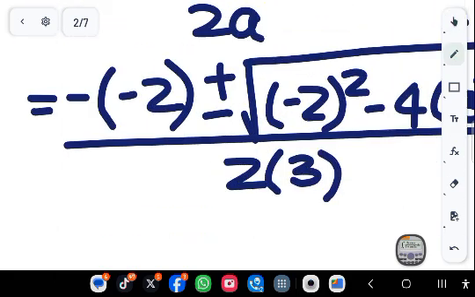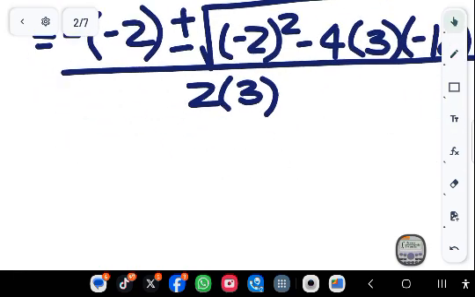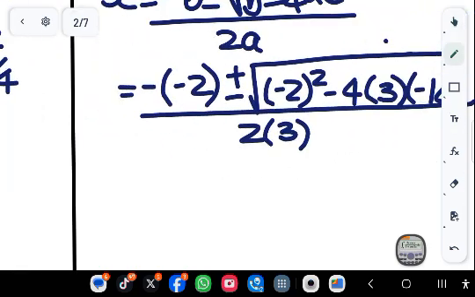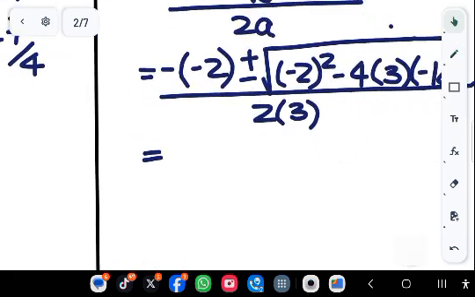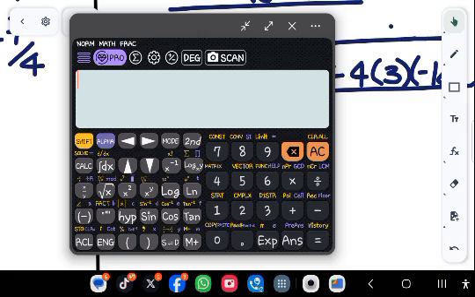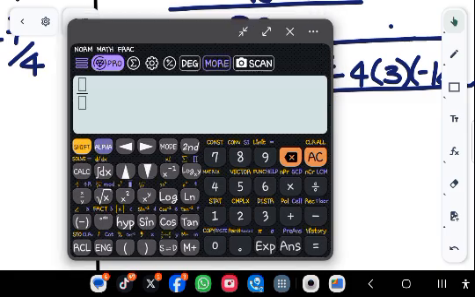Now what you do is you take out your calculator. All right, here is the calculator. Common fraction button, that's the first step.